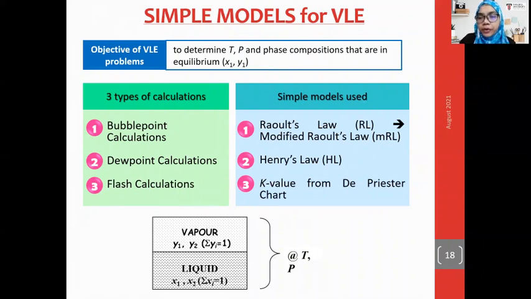The simplest models that can be used in solving the VLE problem are Raoult's law, and modifications of Raoult's law such as Henry's law, and determining the K value, which correlates the liquid and vapor phases, from the DePriester chart.